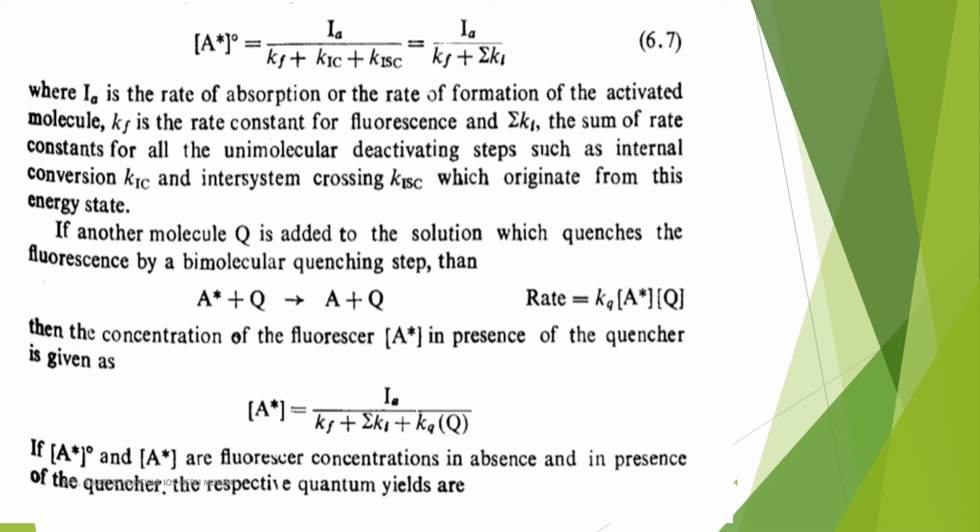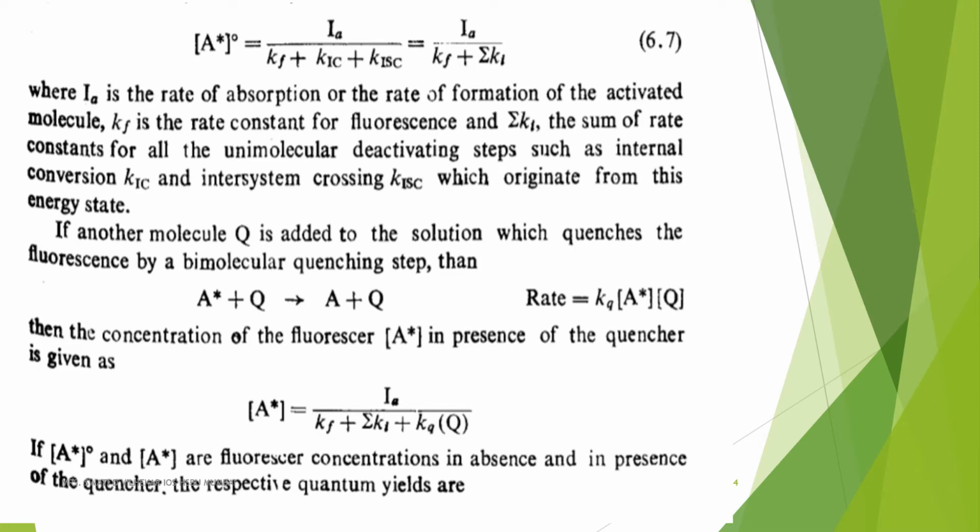Now the respective quantum yields can be given. What is quantum yield? Quantum yield is basically the number of photons emitted to that of the number of photons absorbed. It means if the fluorophore is in the absence of quencher, it will emit a greater number of photons, and if the quencher is present, there will be a decrease in the fluorescent intensity.